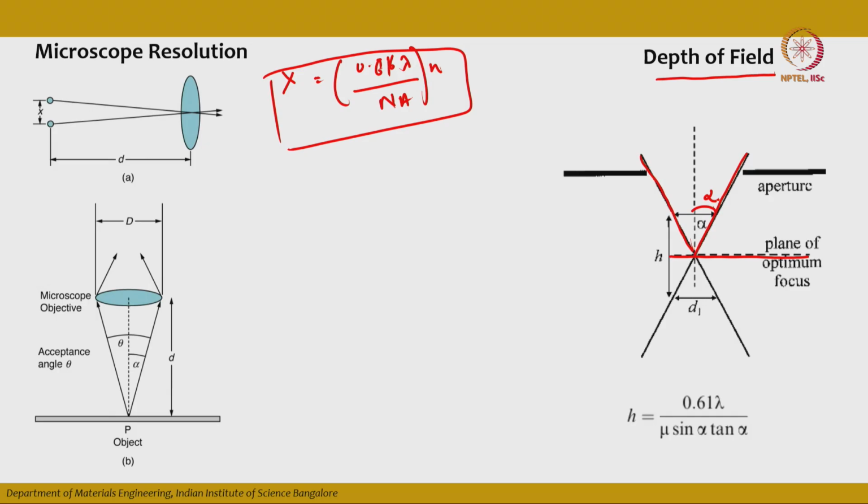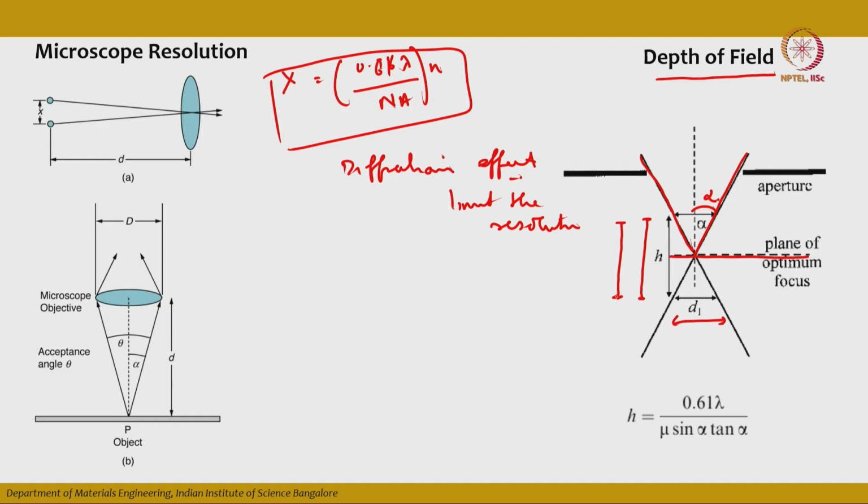The height h is called the depth of field, and it will be estimated by assuming that a diffraction effect will limit the resolution to this particular value d1. The sharpness of the image will not show any difference within the range h. So the depth of field h is the distance centered on the plane of optimum focus where the sharpness of the image does not change.